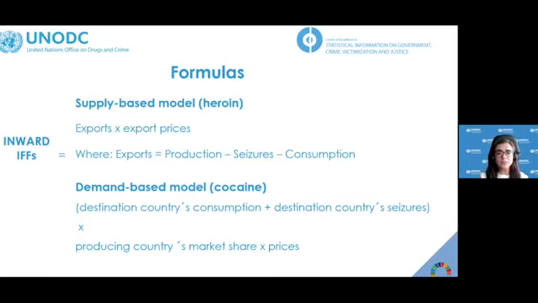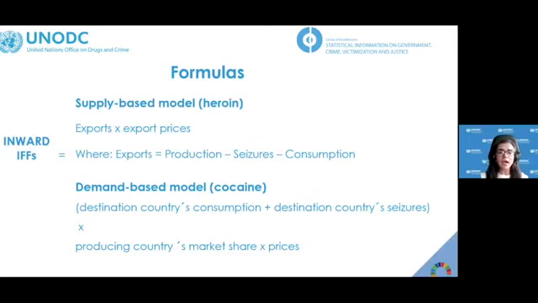Now, the formulas that we use for estimating the inward illicit financial flows were combining two models. First of all, regarding heroin, we use the supply-based model because Mexico is an exporter of this substance to other countries. Understanding that exports were multiplied by the export prices, where export equals production minus seizures minus consumption.